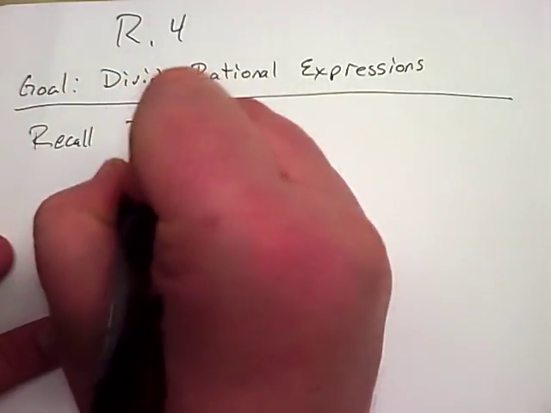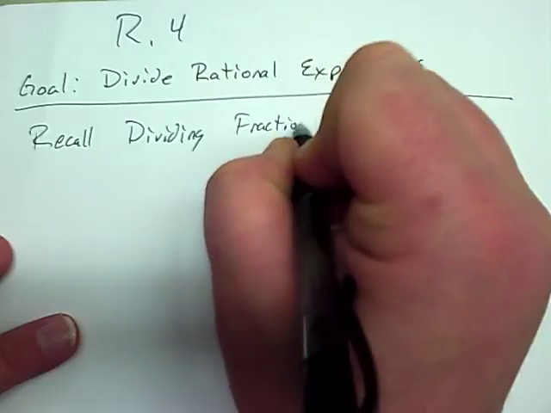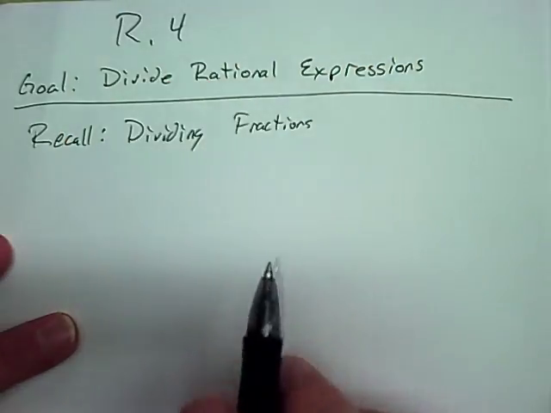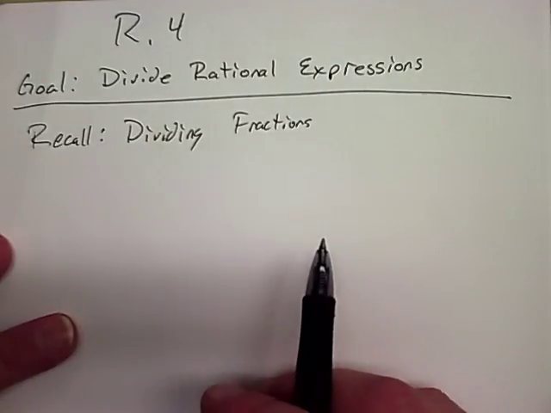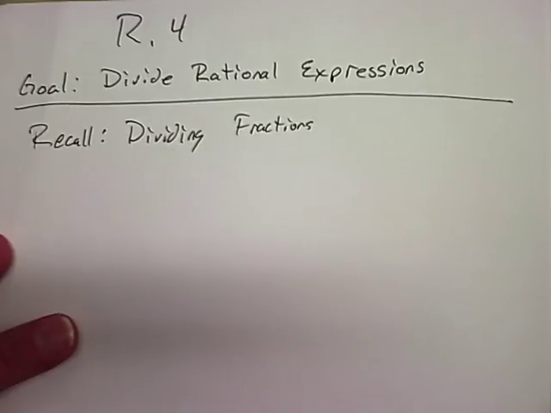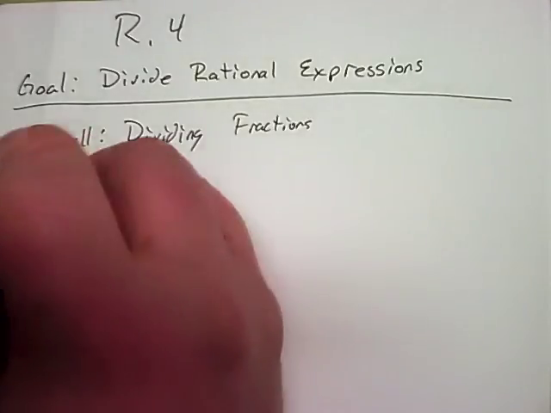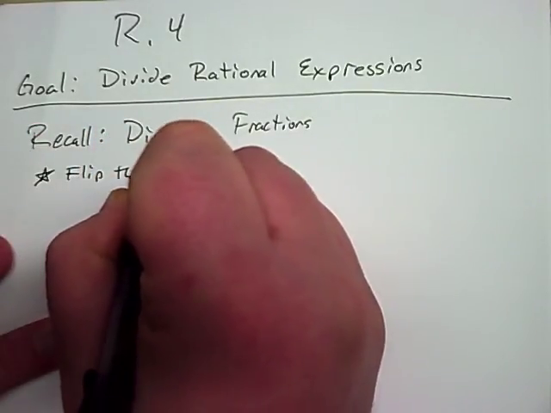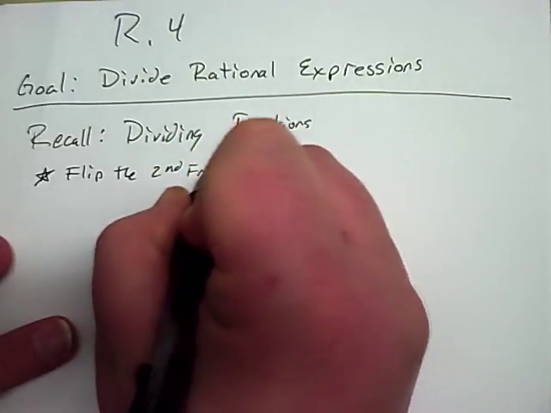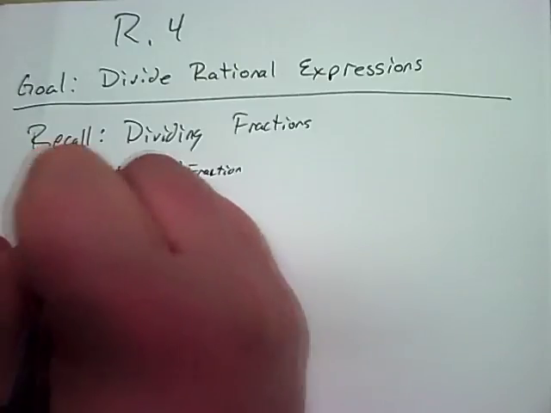So recall dividing fractions. Now, your teacher in 6th grade taught you this thing called keep, change, flip, and then when I ask you what that means, you go, I have no idea. So here I'm going to try my best, but I want you to understand it's as simple as we're going to flip the second fraction, and then we're going to multiply.